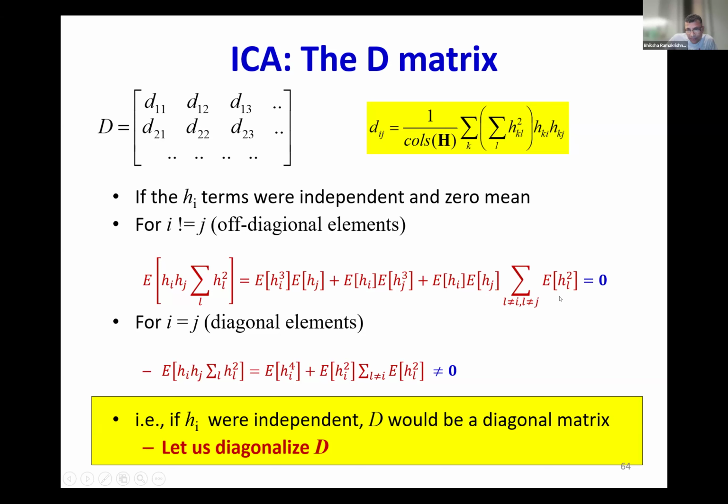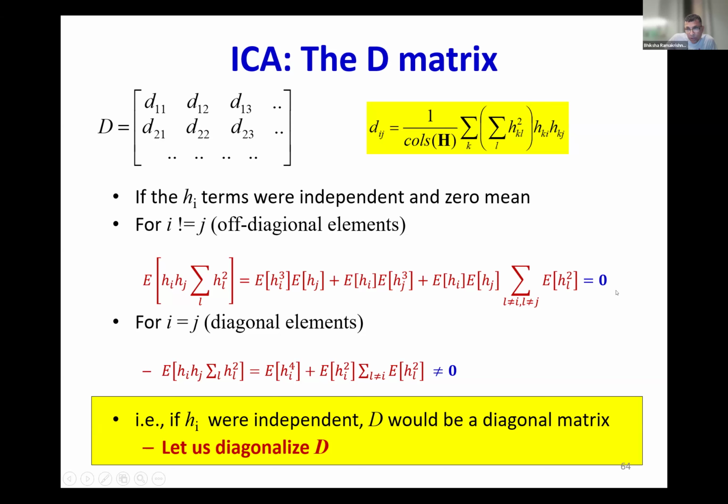Can you see how this is true? So this is for i not equal to j. And because the data are zero mean, each of these expectation terms is zero.